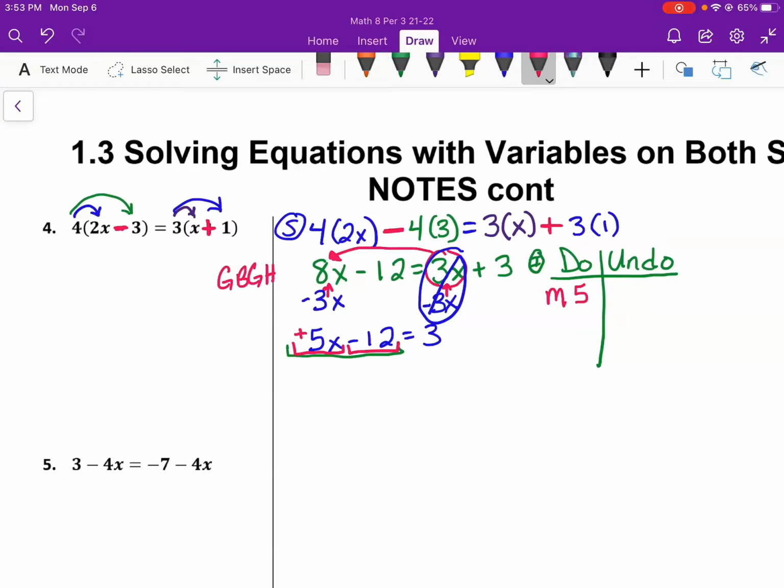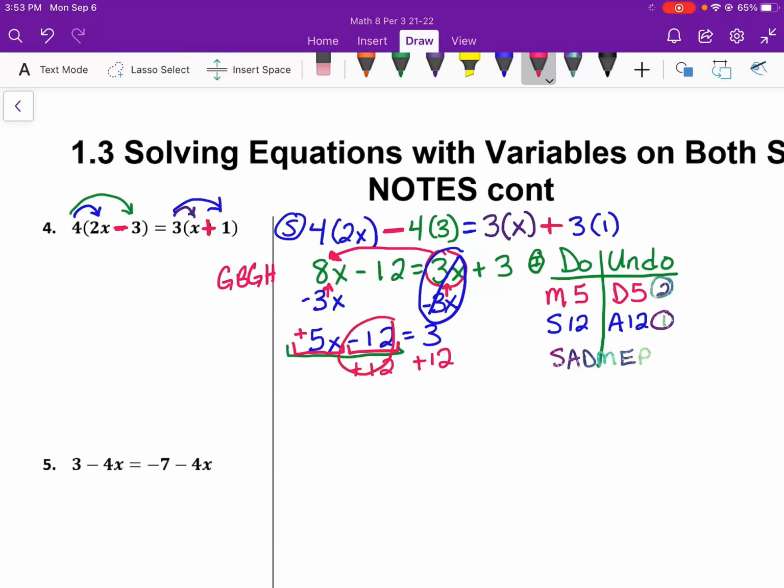So what's going on between 5 and x? I have multiply by 5. How do we undo multiply by 5? Divide by 5. Then I've got subtract 12. So I add 12. This is my SADMEEP. So I know I'm going to do add and then divide.